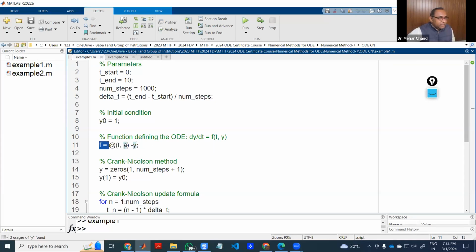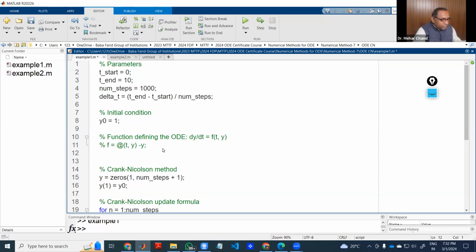If you comment this statement out and take one more function, f equal to @(t, y), suppose y times exponential of t, you can choose t also here.